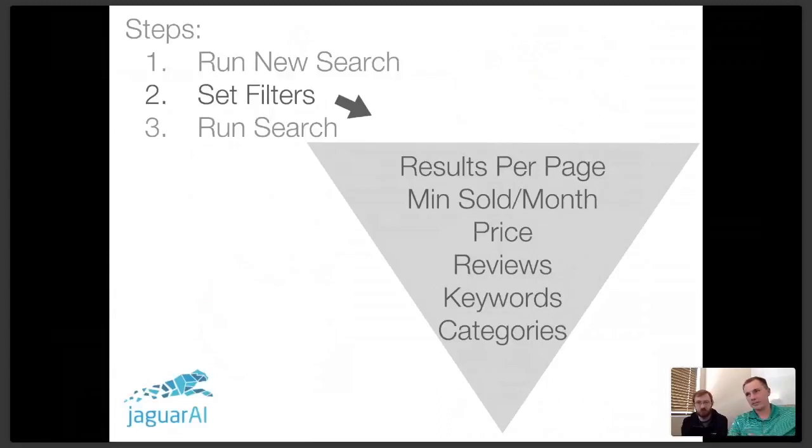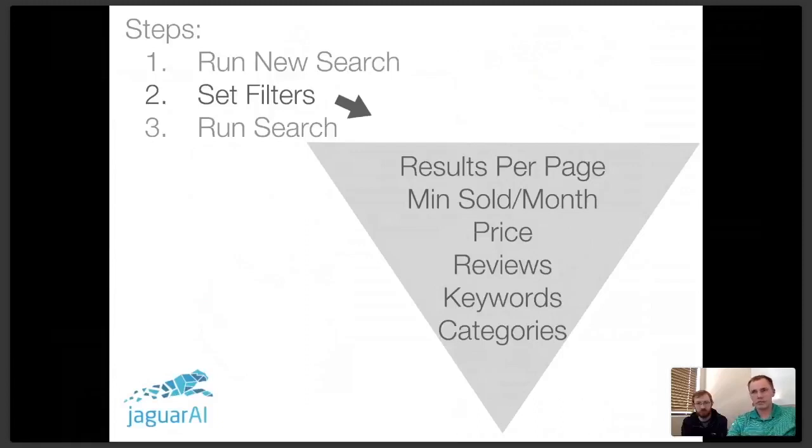Or if you're looking at sourcing a product that's maybe higher end, you can set a price floor and a price ceiling. And so it gives you those capabilities as well as reviews. You can look at a minimum number of reviews on a certain product. So if you want to avoid any categories or niches in a market that maybe has really high reviews, or maybe just has really low review counts as far as the average number of reviews, you can set those features.